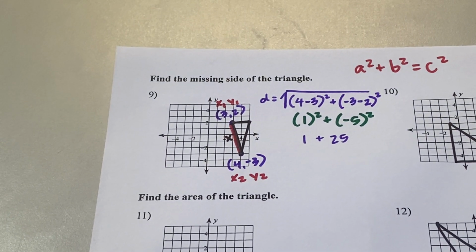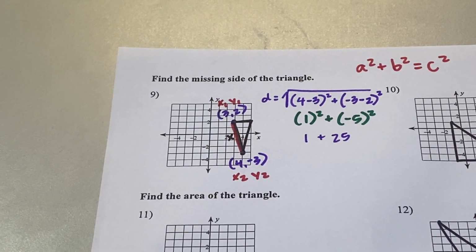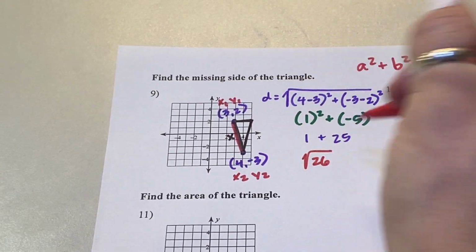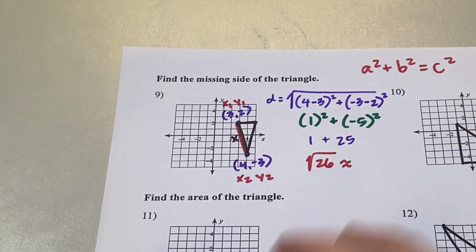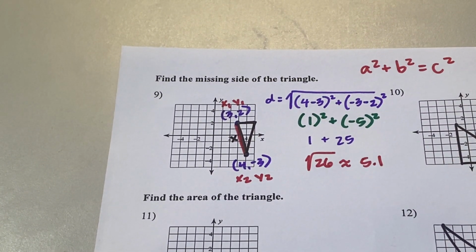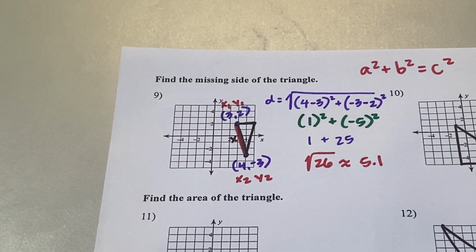So what is the missing side of this right triangle, or the distance between the 2 points? The square root of 26, which we even found on the front of our paper approximated to be 5.1. That would be the missing side of this triangle.